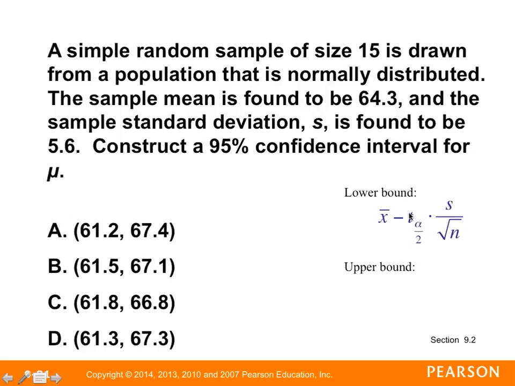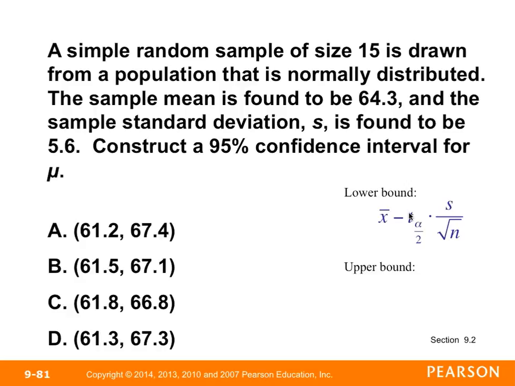If you recall, with 95%, our alpha value is 0.05. Dividing by 2, you get 0.025. You look up the value on your table that goes with n minus 1, which is 14 degrees of freedom. You go down to 14 degrees of freedom on your t-table and over to 0.025, and that's your critical value.